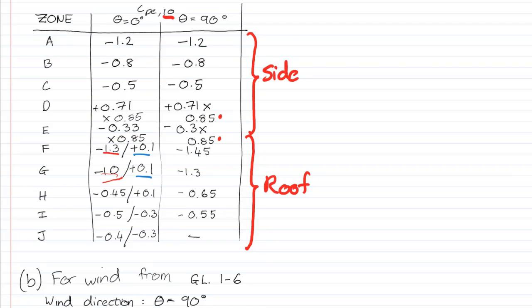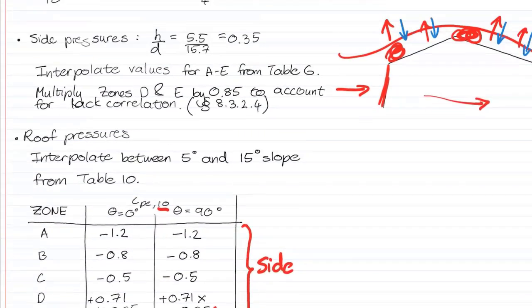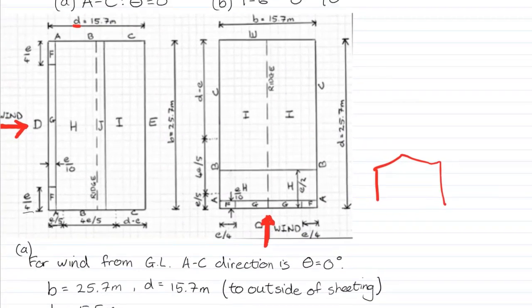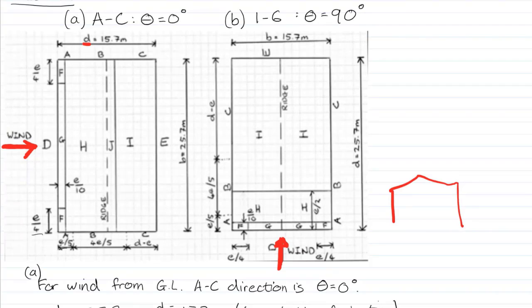Okay, but that takes us through then the CPE, the external pressure coefficients. So those account for the shape of the building and how the shape of the building influences pressures. And so those are then graphed as follows.